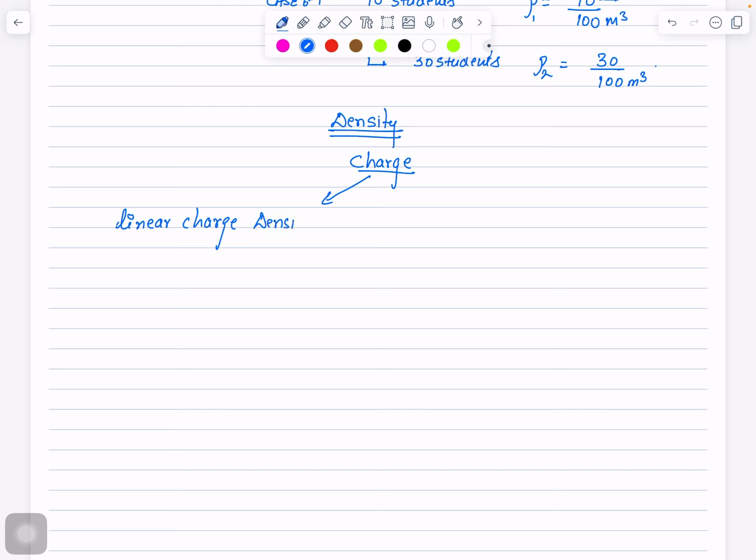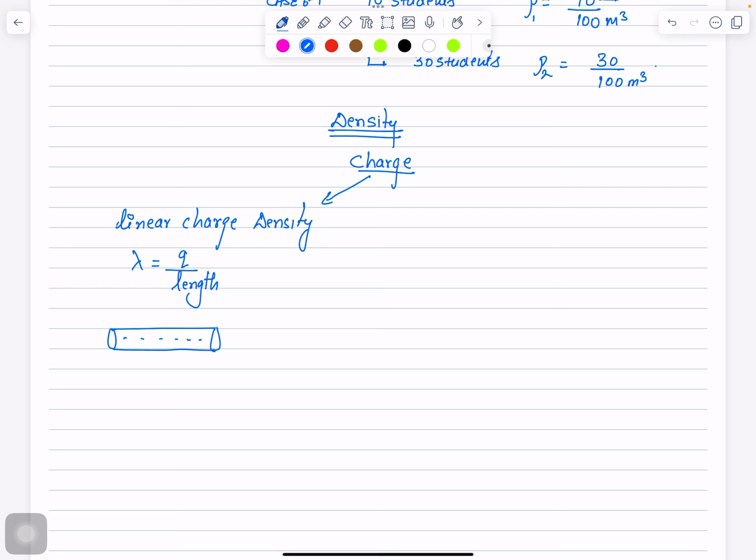What is the meaning of this one? Linear charge density lambda is equal to charge by length. Let's say this is the length, how much charge is on the length. You understand the length remains the same and we are finding how much quantity is there.